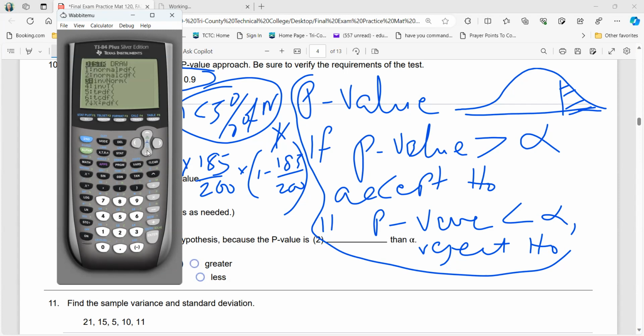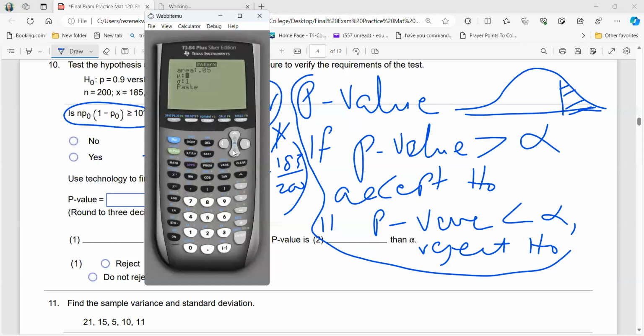So inverse norm 0.05, and then the mean of a standard normal and the standard deviation, and then we will calculate.